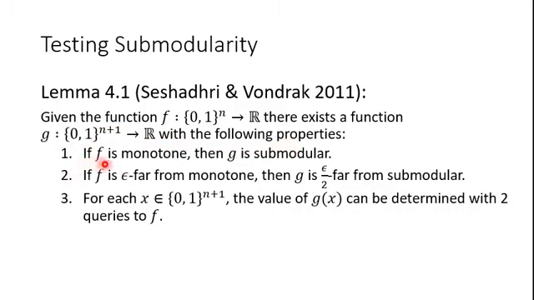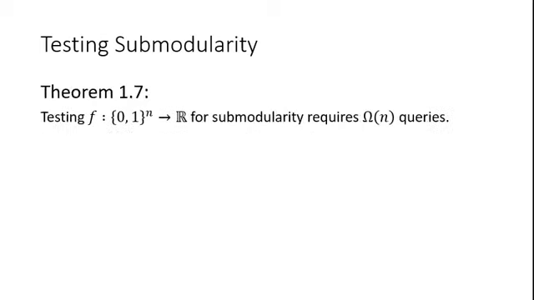The first property is that if f is monotone, then g is submodular. The second is if f is epsilon far from monotone, then g is epsilon divided by 2 far from submodular. And third, for each x in {0,1}^(n+1), the value of g of x can be determined with 2 queries to f. So we will be using this in our proof.